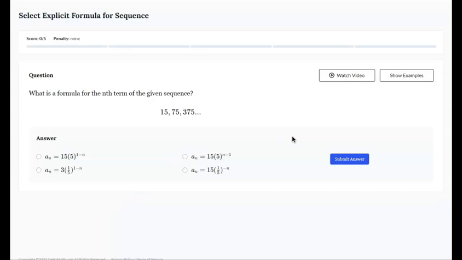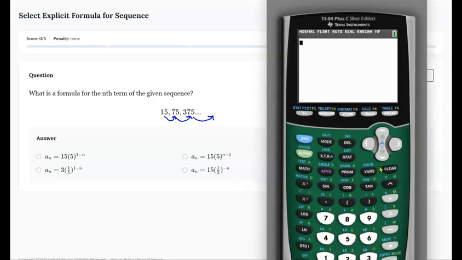So the first thing we want to know is what type of pattern is it? Is it a common difference or is it a common ratio? It looks to me like these numbers are getting quite large. So I'm going to estimate or guess that it has a common ratio to begin with. I'm going to take my second value and divide it by the one before it and see what I get, 5.